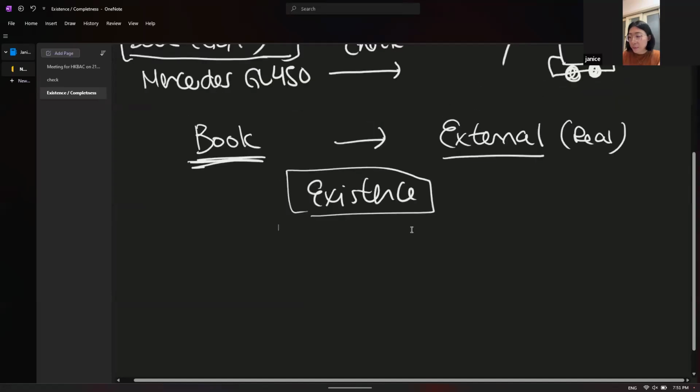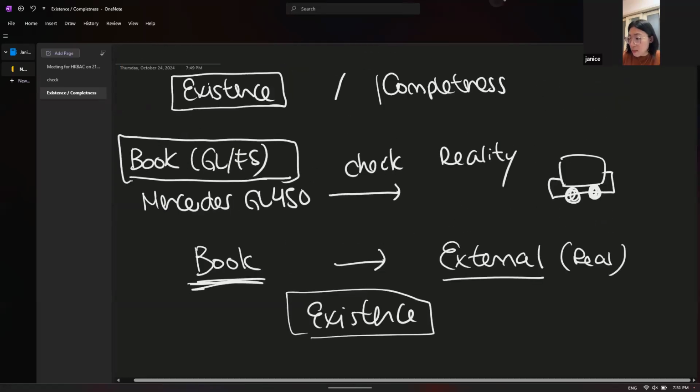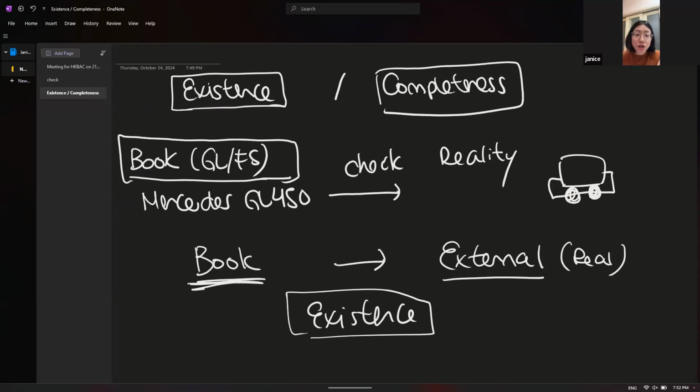Now, on the other hand, what does completeness mean? Completeness means everything that should be recorded is recorded. I want to make sure that everything that belongs to our client has been recorded. They did not forget to record anything. So how do we do that?